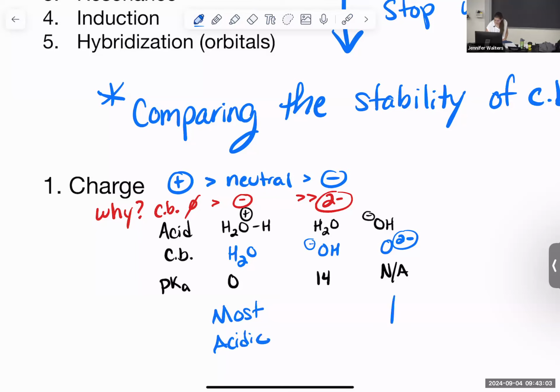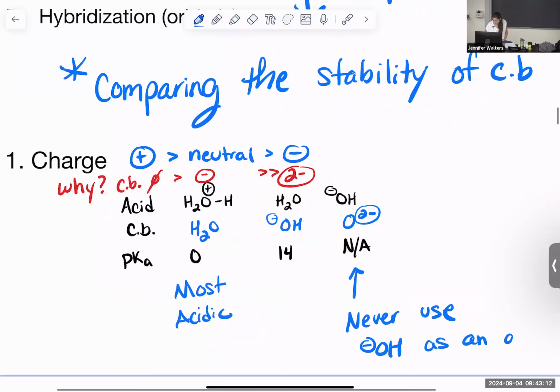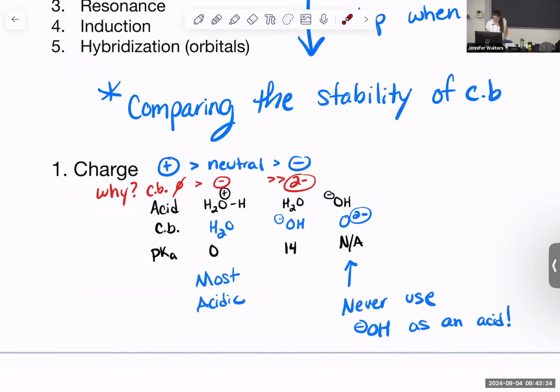We will never use hydroxide as an acid. It is a base. So that's why it doesn't have a pKa reported, because we don't rip that second proton off. We don't give it a 2- charge. We're not going to do that. Hydroxide will only be a base. It will never be an acid.